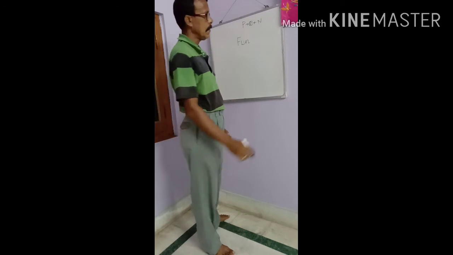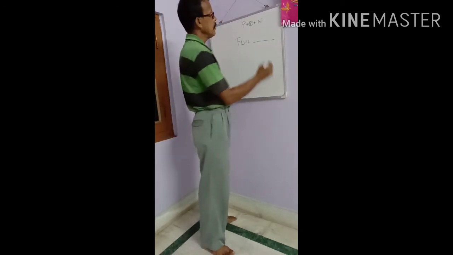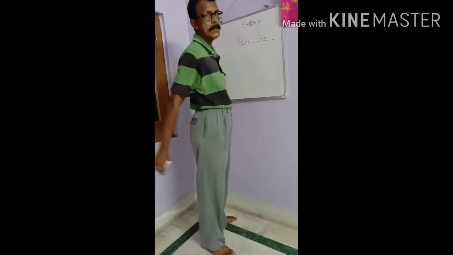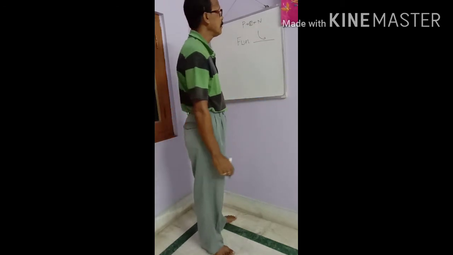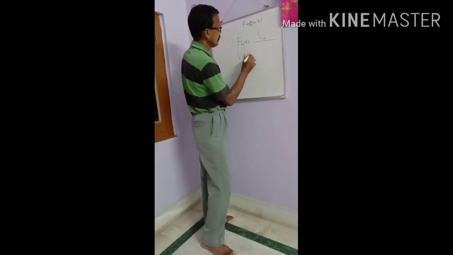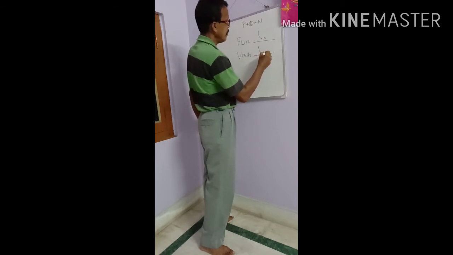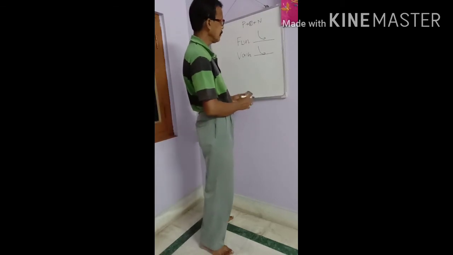Fun, F-U-N, fun. F hook and F stroke and N hook. Fun. Van, van. V hook and N hook. Van. Clear?